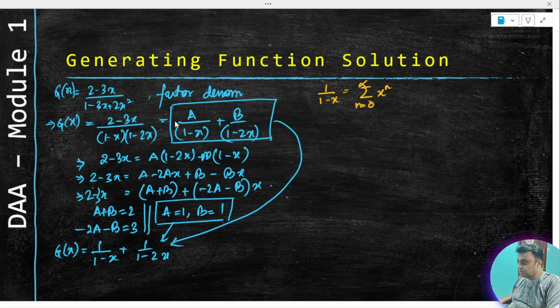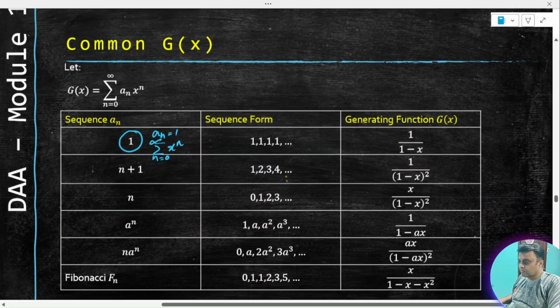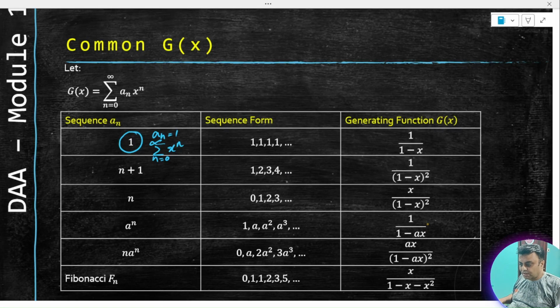Right? What is the next one? 1 minus 2x. So 1 by 1 minus 2x. Now what is this from the table? Let's go to the table. Right? So 1 minus 2x is falling under this, where a equal to 2. So can I write this?